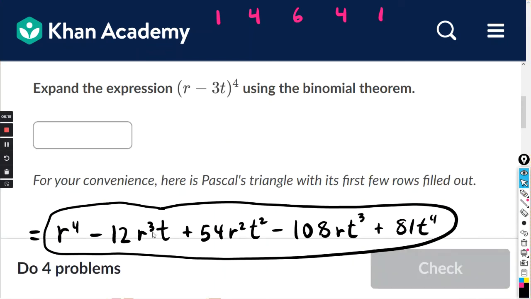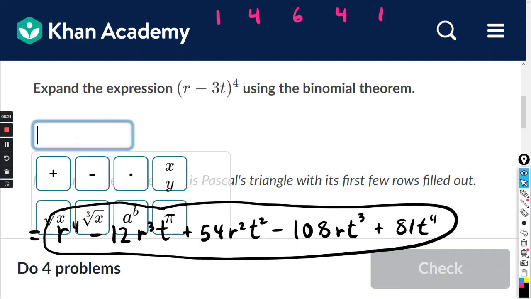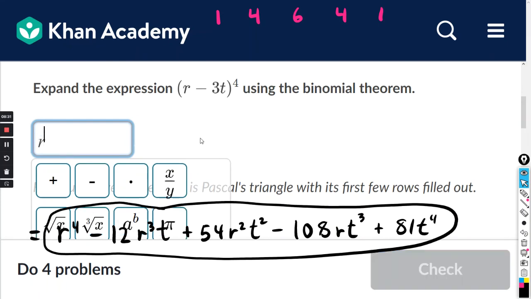All right, so we're going to have to enter this whole thing in the box here. We have r to the 4th. All right, for the exponent, you can click this or just type shift and the 6 key.